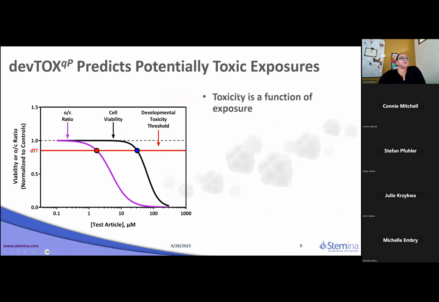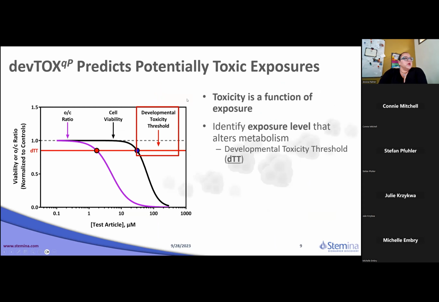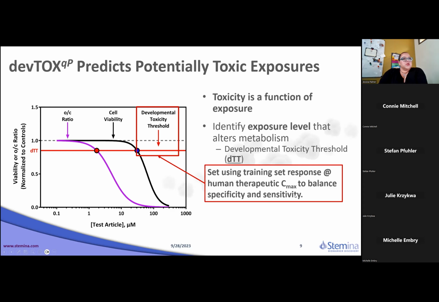So if we blow that graph up a little bit and look at it a little closer, like I said, the idea is that toxicity is a function of exposure. And so when we were developing the assay and we were using that training set of 23 compounds, we identified the critical threshold, or the amount of change required for a compound to be developmentally toxic.